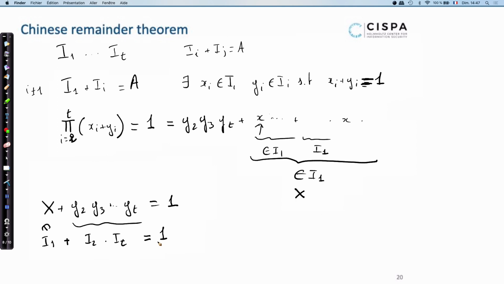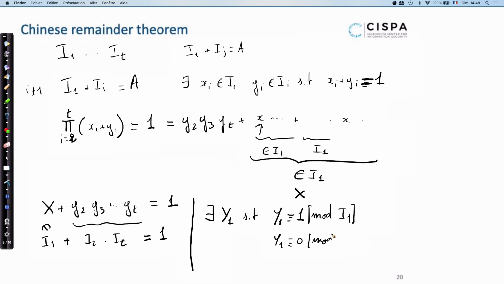Good. So now, according to what we did previously, it means that there exists an element y1 such that y1 is congruent to 1 modulo I1, and y1 is congruent to 0 modulo the product I2 ... It.